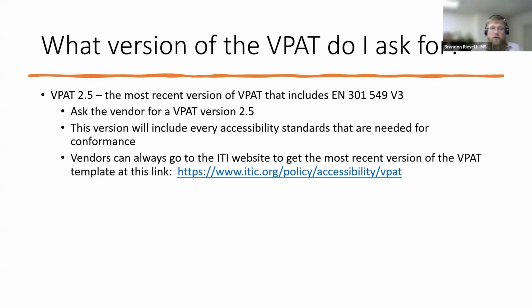So what version should we ask for? Ideally, we would be asking for the most recent version. So in this case, we would be asking for VPAT 2.5. The challenge with asking for VPAT 2.5 is a vendor may or may not have updated to that version.